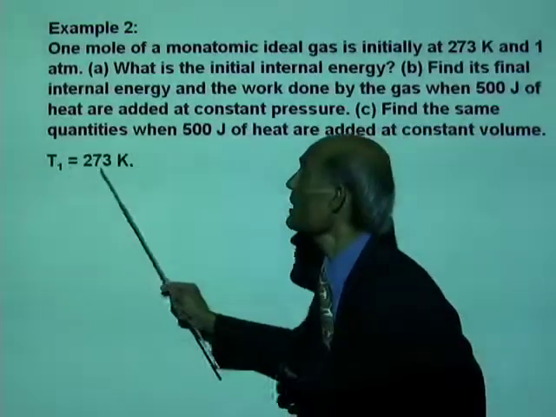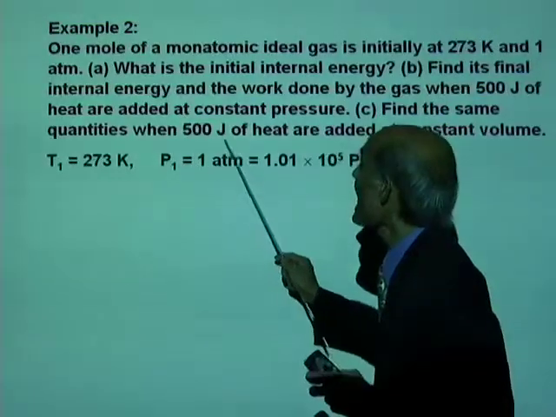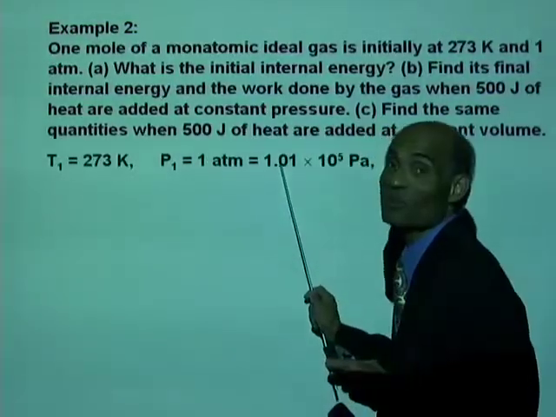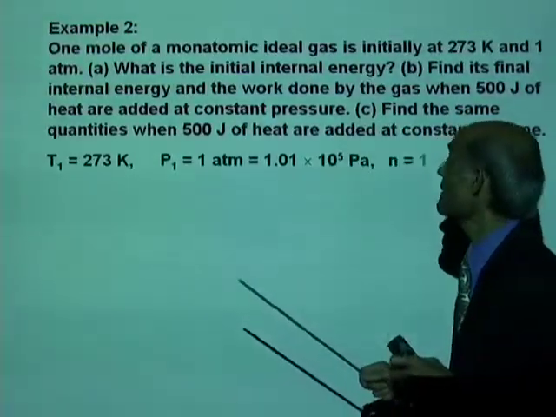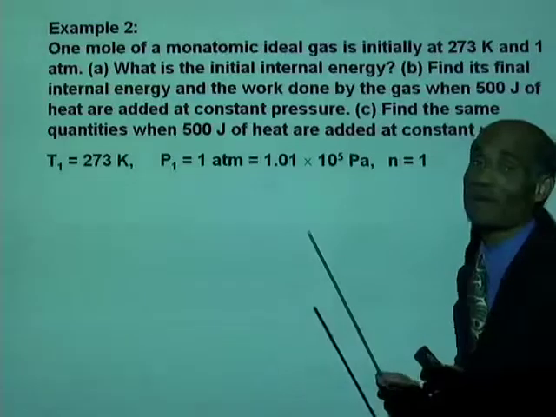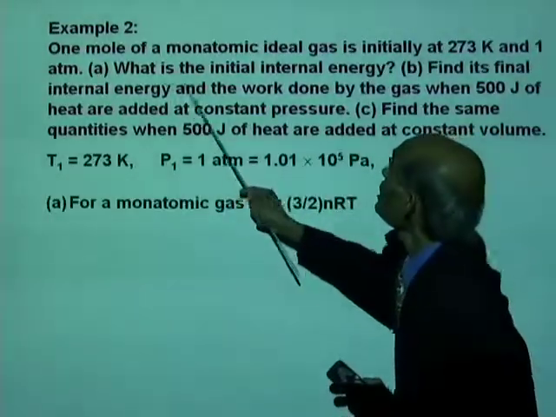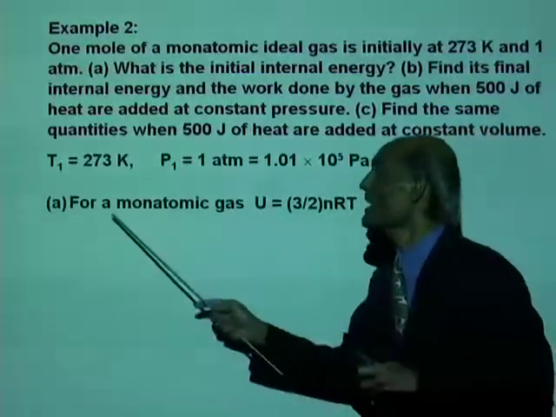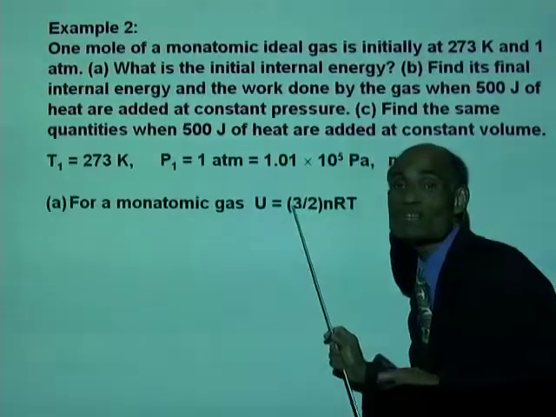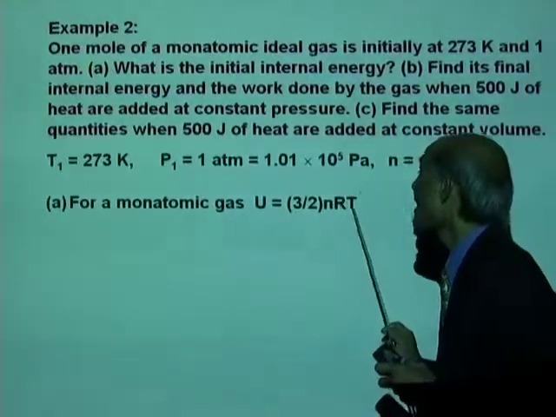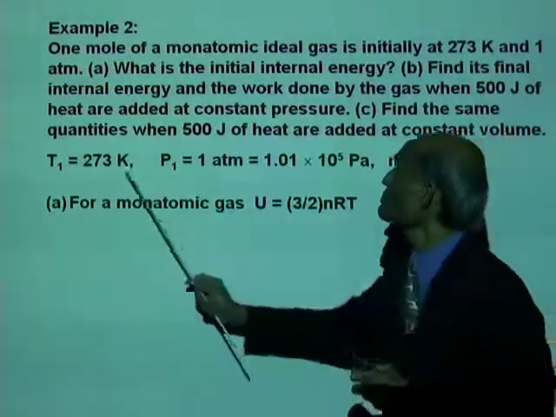Alright, we have T1 equal to 273 Kelvin, P1 is 1 atmosphere, convert that to Pascal, 1.01 times 10 to the 5 Pascal, and n equal to 1. What do we need to find? The initial internal energy. For a monoatomic gas, the internal energy is 3/2 nRT. Do we have the temperature?